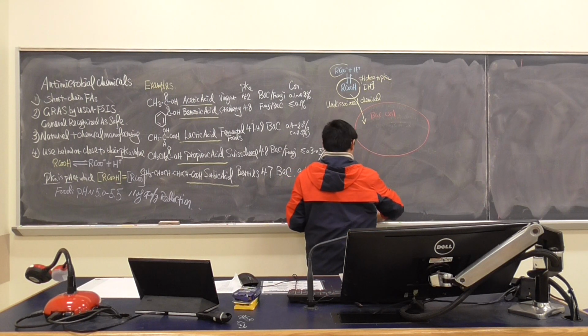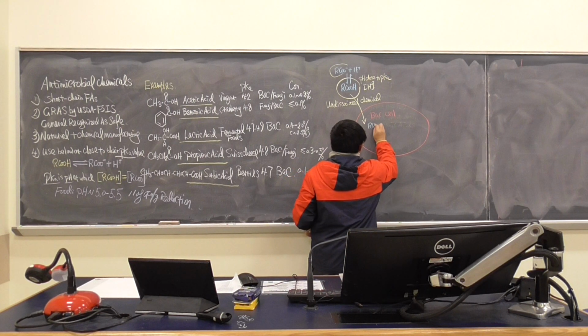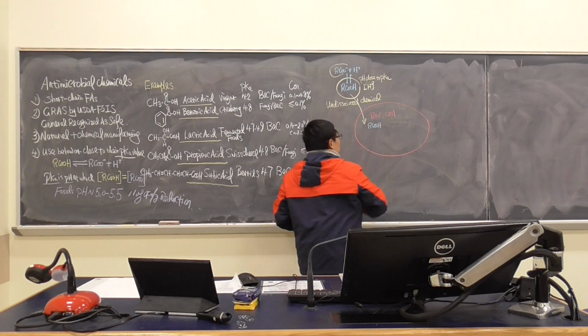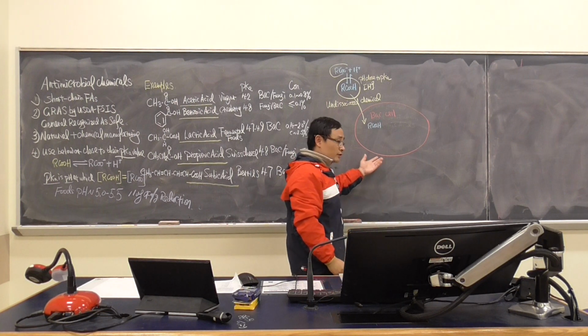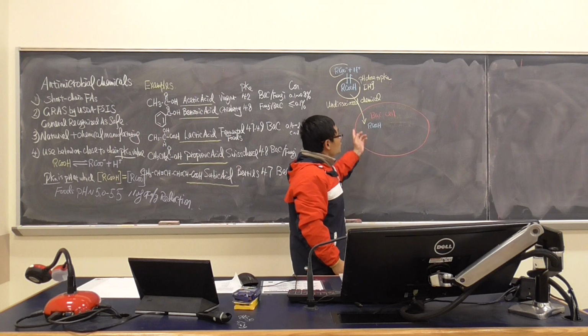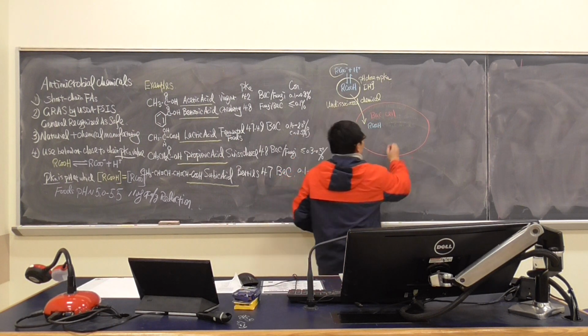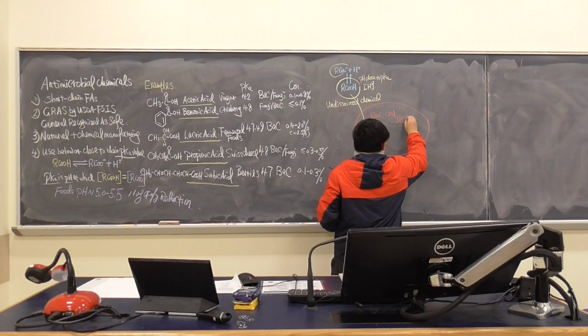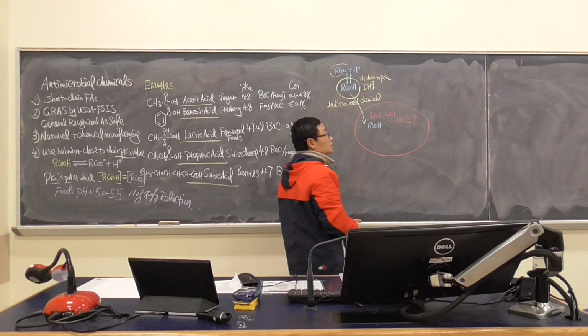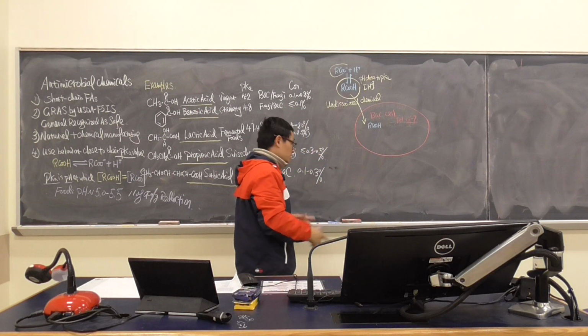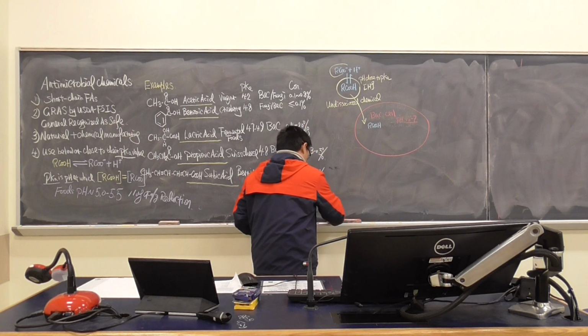So let's say I have this guy come in. Then a very basic question: what is the internal pH of a bacterial cell? It should be around 6 to 7, or close to 7. It's a neutral pH. We know that from what you learned in the microbiology class.